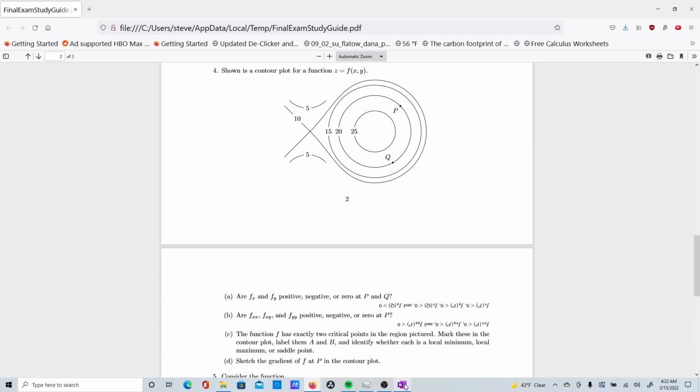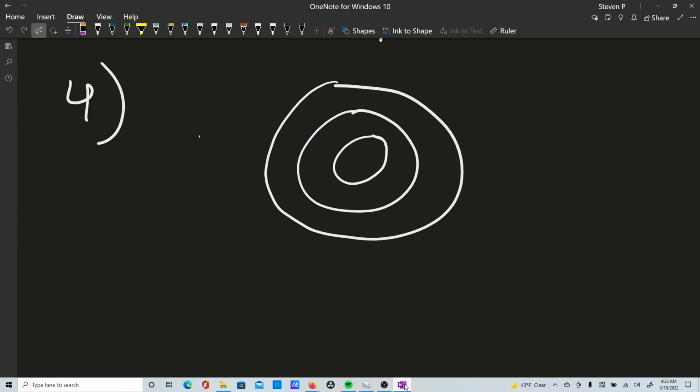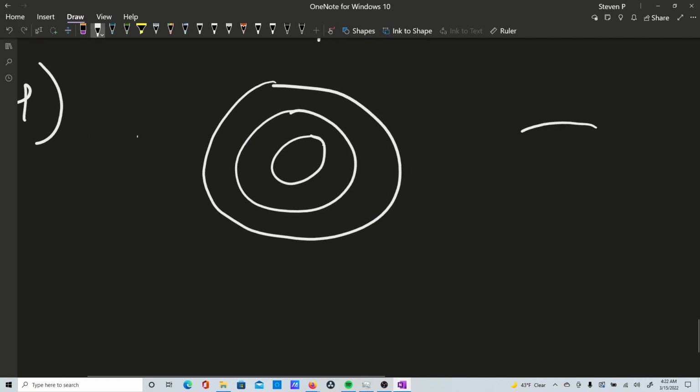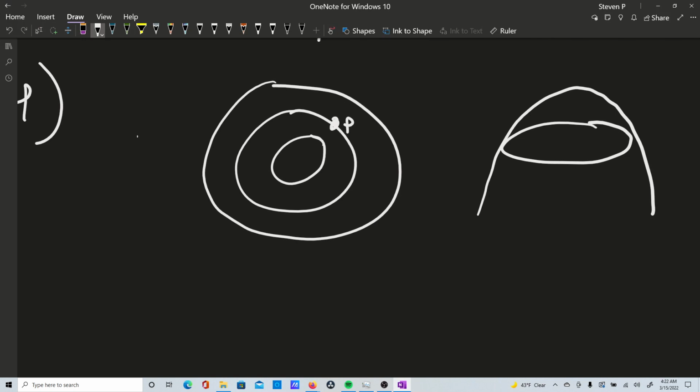The point I'm trying to make is that if we visualize this instead as a 3D hill, where P is back there somewhere, we're trying to find the concavity of the path we travel if we walk in this direction or this direction.